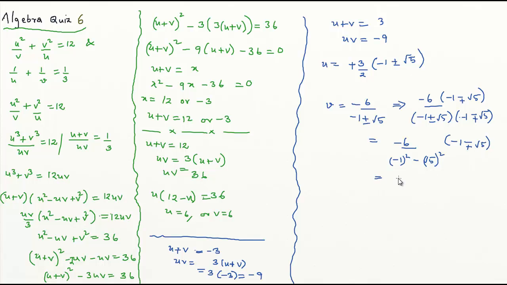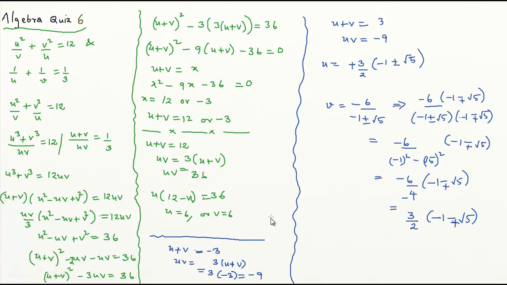So it's going to be minus 6 divided by minus 1 squared is plus 1, minus square root of 5 squared is 4, minus 4 here, and then minus 1 minus or plus square root of 5, from which I get 3 over 2 times minus 1 as the solution for v.